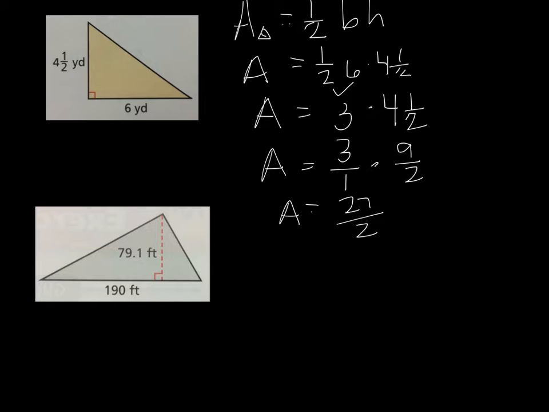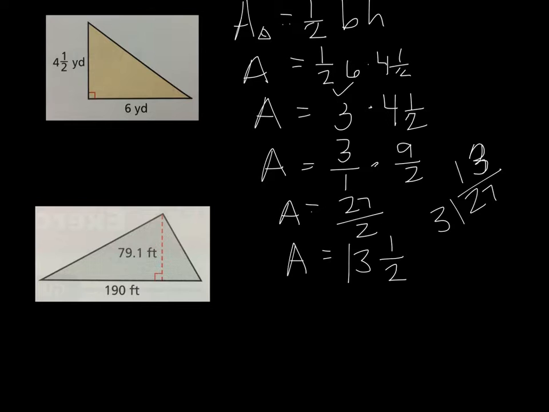2 goes into 27 13 times. And then there's 1 left over out of 2. 2 minus 2 equals 0.